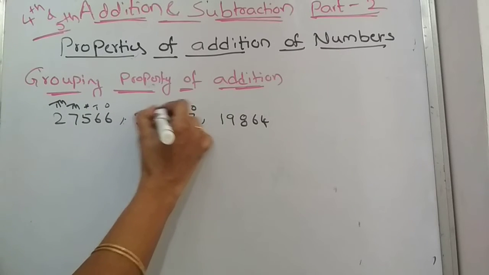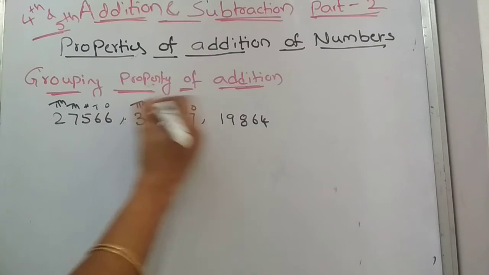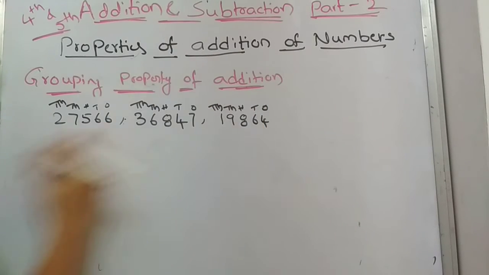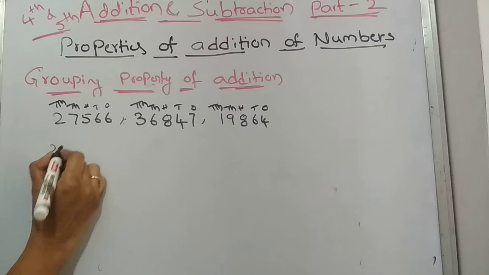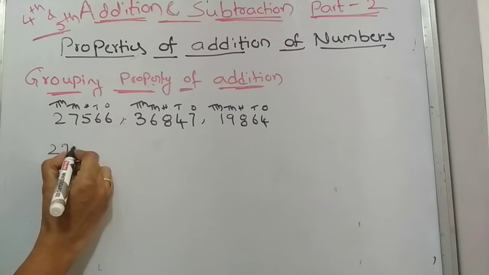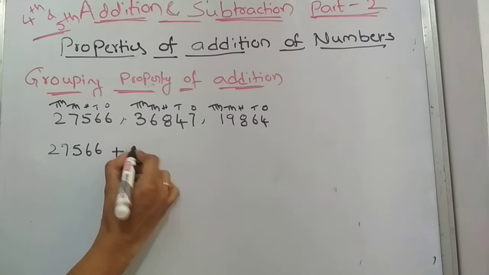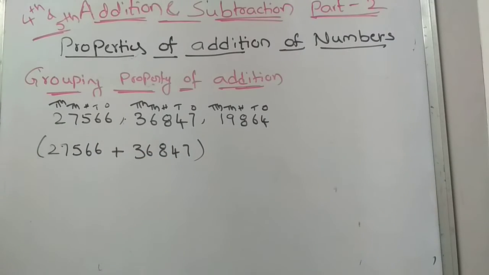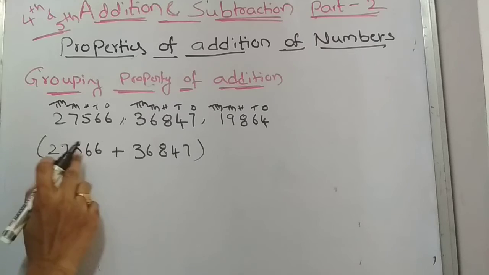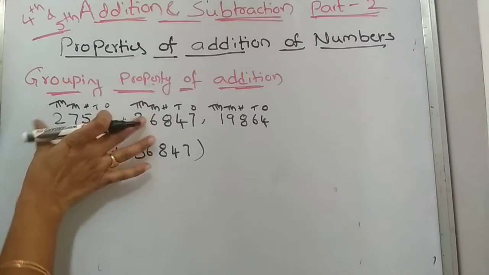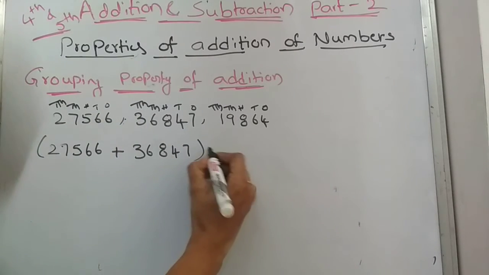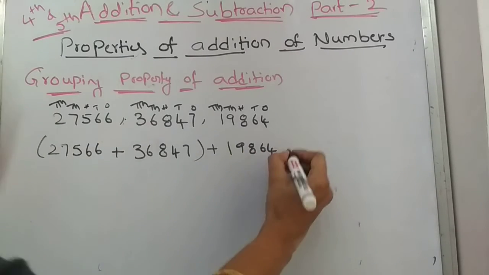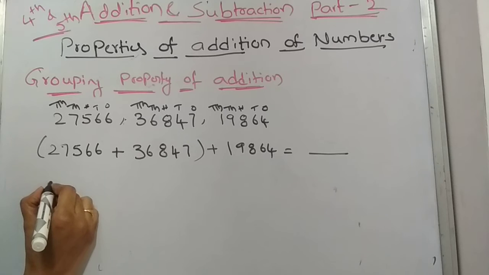So what I am doing here: A plus B, 27566 plus 36847. The first two numbers I kept in a bracket. First I added these two numbers. After that, the third number, 19864.